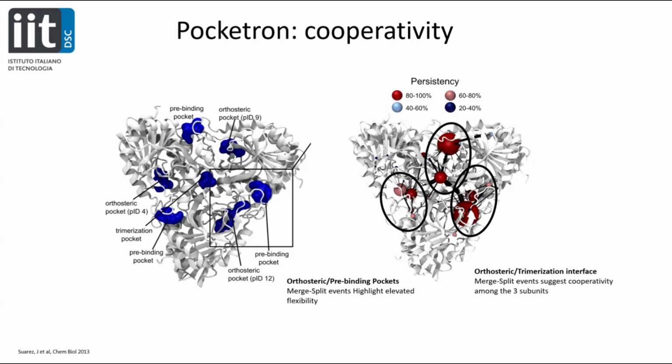And indeed here we found that we can track the three allosteric sites. They have high persistency. Then we can also get this kind of hub information, which suggests that the three allosteric pockets communicate with each other. So this is an example of the kind of analysis you can do.